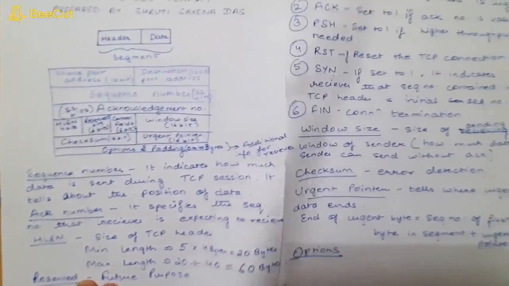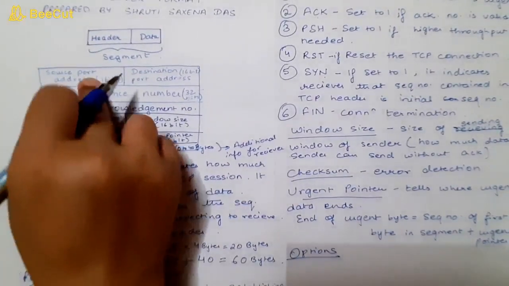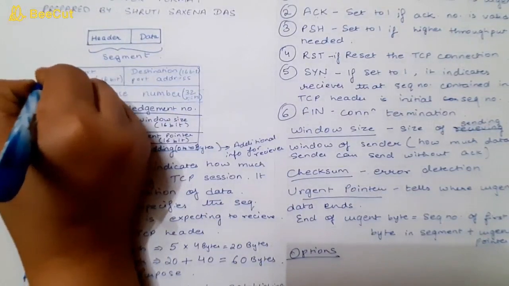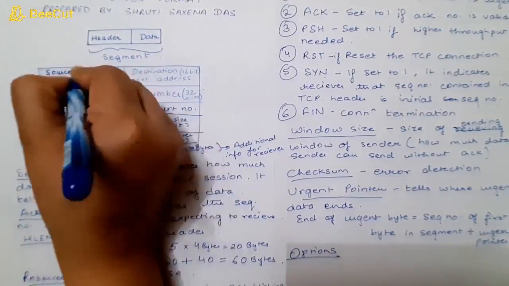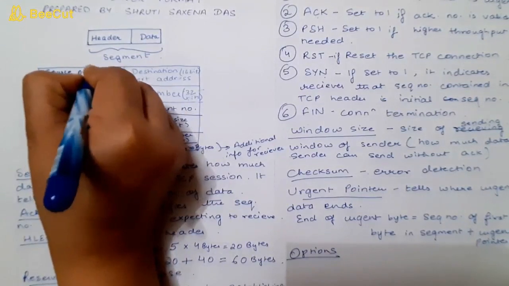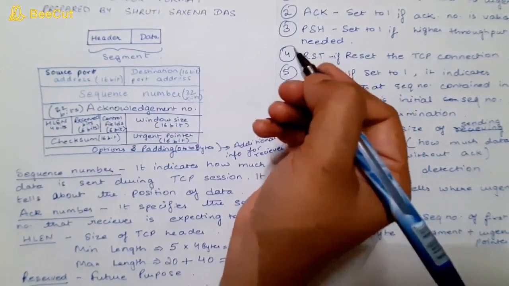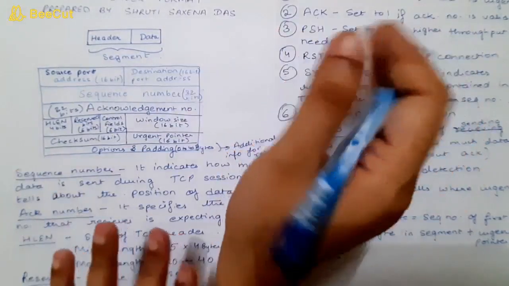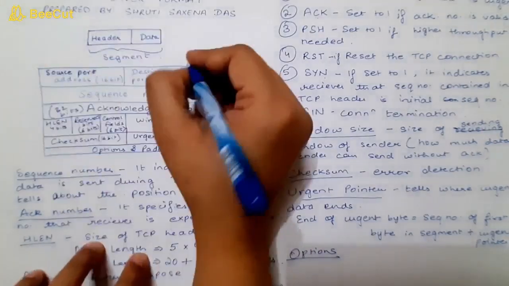Once again I'll focus on this: we have source port address and destination port address. I hope everything is visible. So this will tell about the addresses.